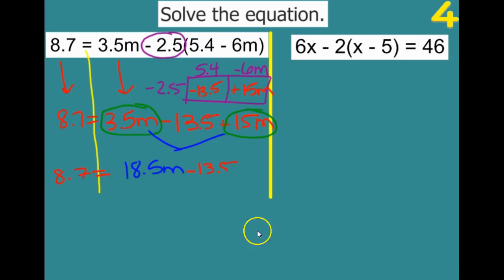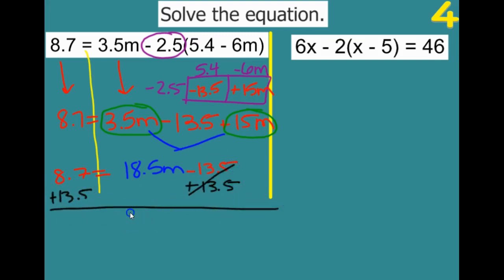So again, getting rid of just your addition or subtraction first. Let's do the opposite of what we see, add 13.5. So we have 18.5m. 7 plus 5 is 12. 8 plus 1 is 9. Plus 3 more is also 12. So we have 22.2.